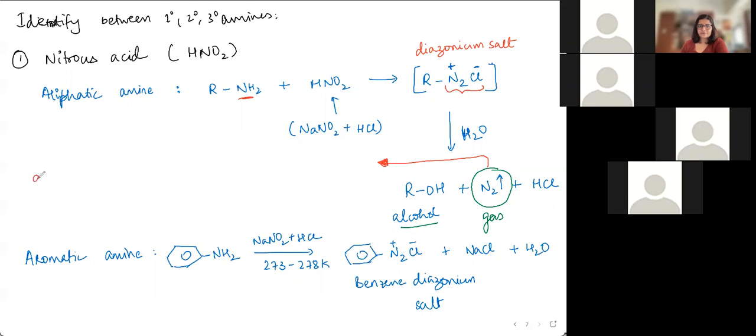Okay, so you can note it down. Quantitative estimation: you estimate how much of this N2 gas is released, because always, if you have one amine group, you have 1 mole of the gas being produced. So use that ratio. So quantitative estimation of the nitrogen gas. So it's used in the estimation of the protein.